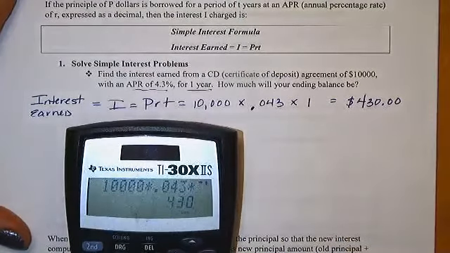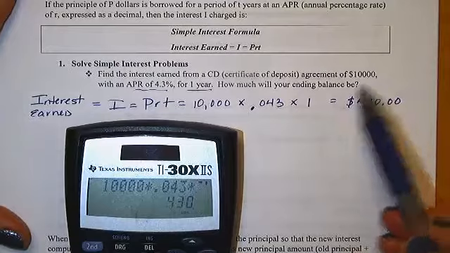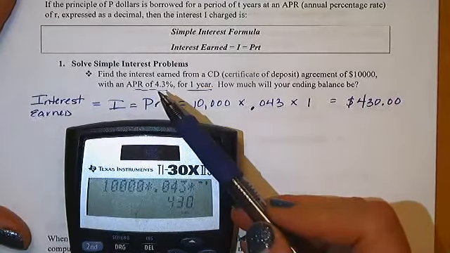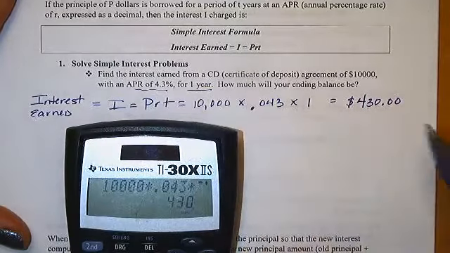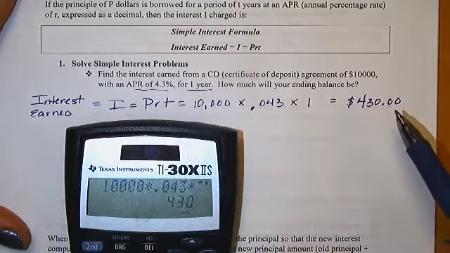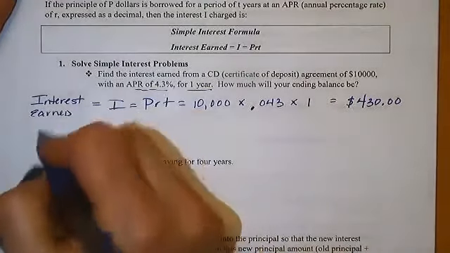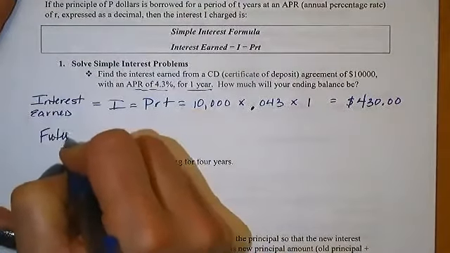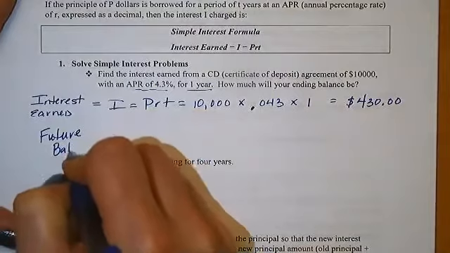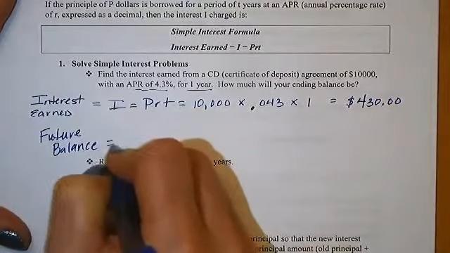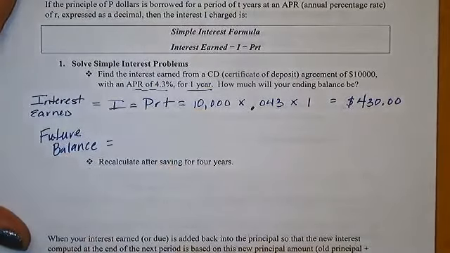So the interest earned on a $10,000 deposit in a savings account at 4.3% for 1 year will get you $430 extra in interest. Now, if you wanted to find the future balance, in other words, how much will my account have at the end of 1 year?